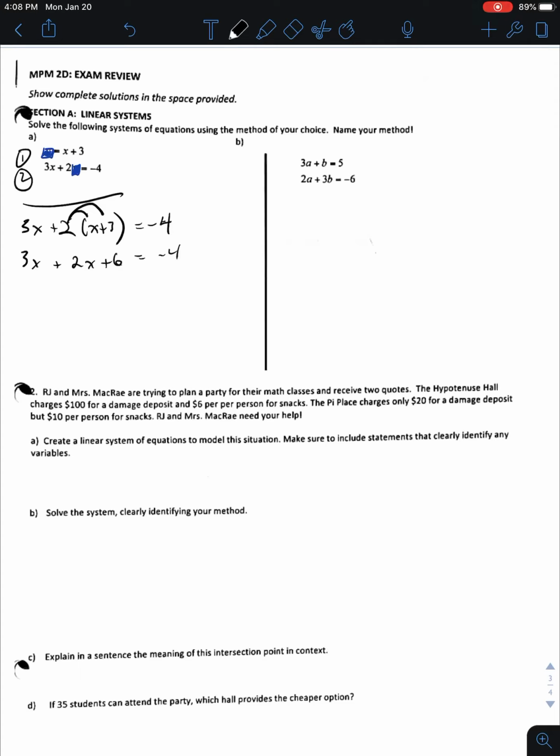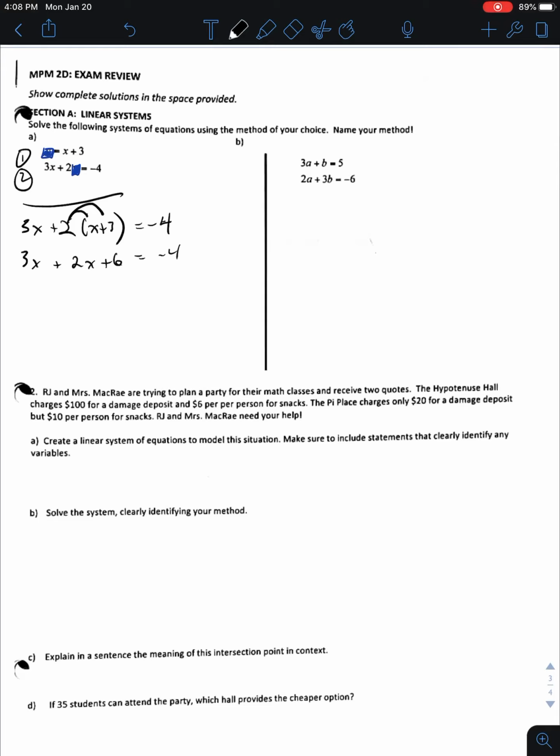Now I can collect like terms. 3x plus 2x plus 5? Where's the 5 from? 2 times 3. Oh, times. Sorry. Thank you. Close.